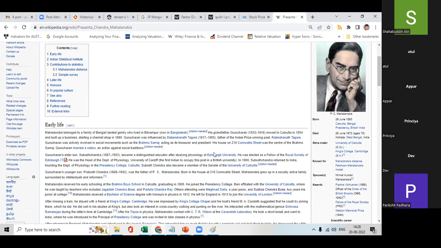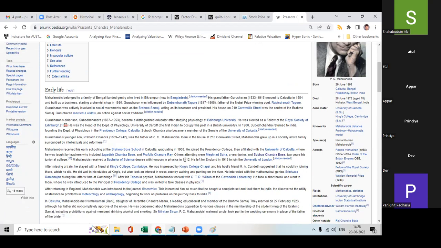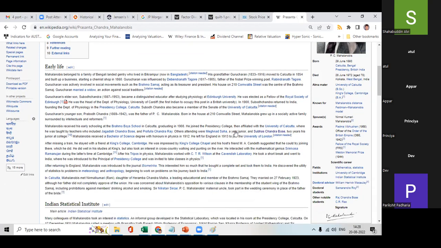He's actually influenced by Rabindranath Tagore. And Subhash Chandra Bose is 2 years his junior. So he's basically politically and intellectually very well connected.